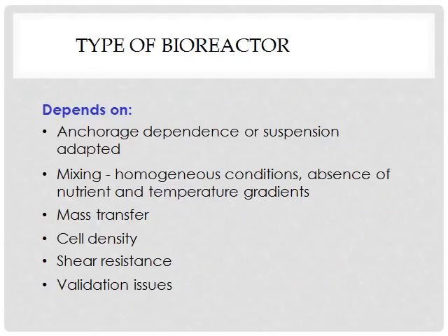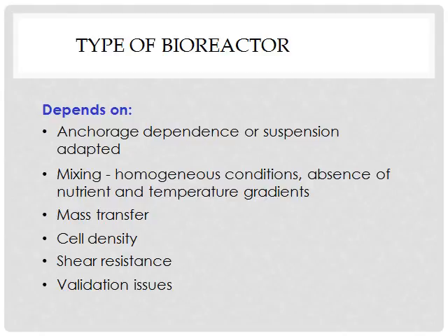The second critical step in the upstream process is the selection and the type of bioreactor. And this depends on a number of factors. First, are the cells anchorage dependent or suspension adapted? There's mixing considerations in terms of homogeneous conditions, the absence of nutrient and temperature gradients.